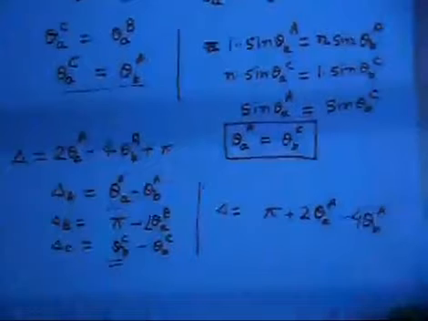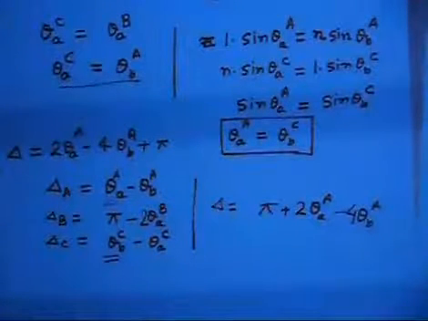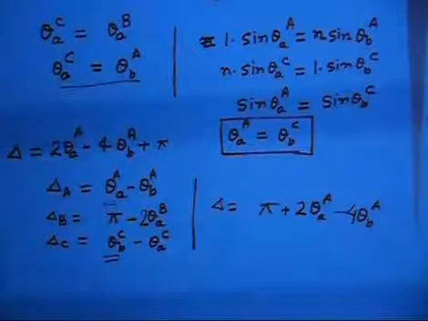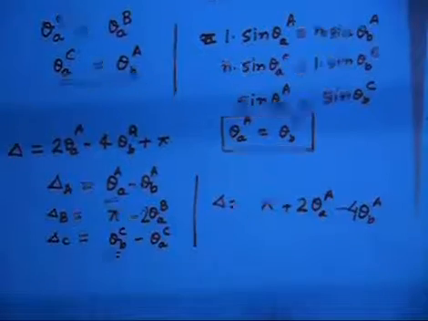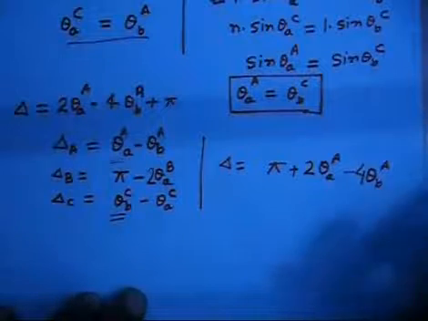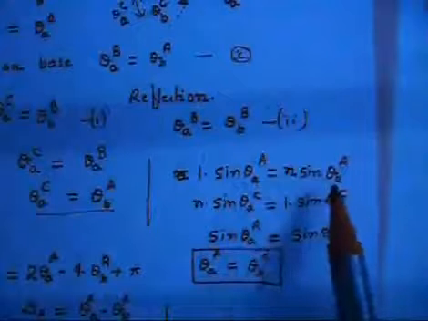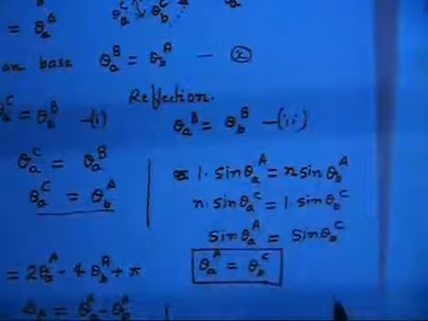Now the total deflection is given by this principle. Now theta A we know, and then we can find theta B using the sine rule. So if I apply the sine rule here, theta B is nothing but sine inverse of sine theta A by n.